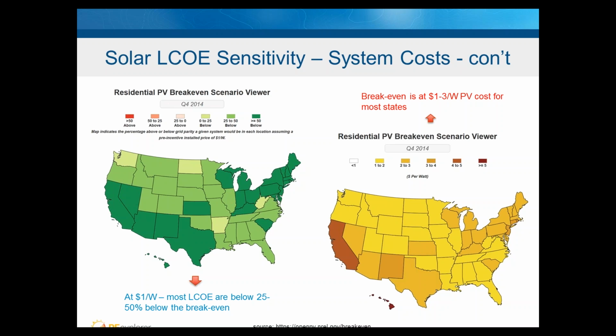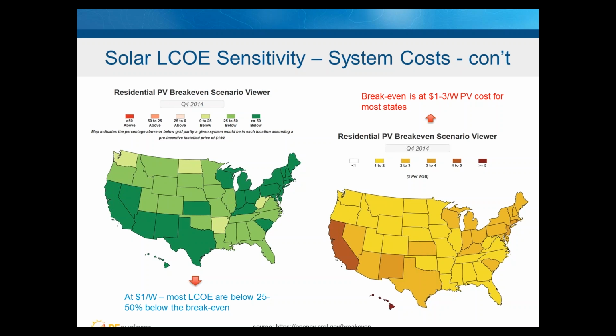So when we look at this, you can see that the system cost is very important and makes the LCOE very sensitive to the system cost. With the last graphic on the right-hand side, we run the break-even: in the United States, what system cost will reach grid parity?